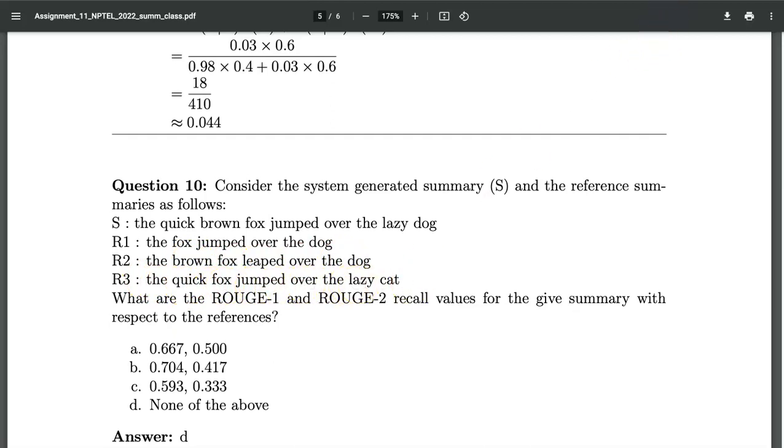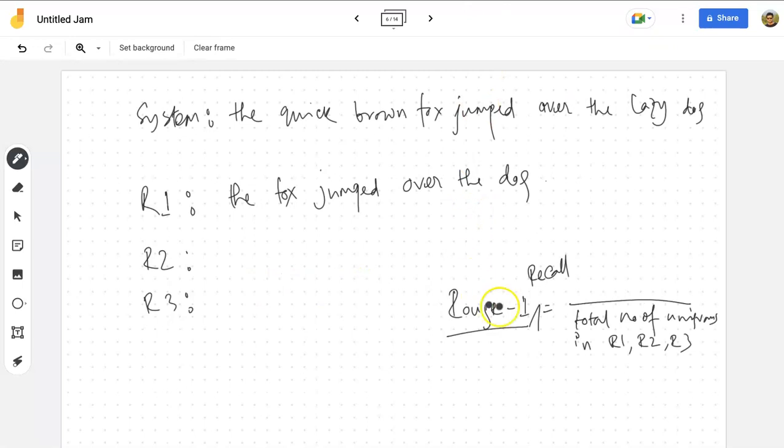So the total is 6 for R1, 7 for R2, 8 for R3. Now what will be in the numerator? The numerator will be the intersection between R1 and the system, plus R2 intersection system, plus R3 intersection system.